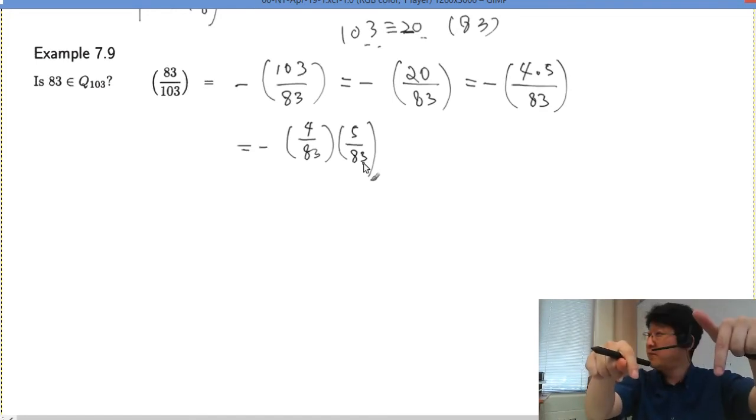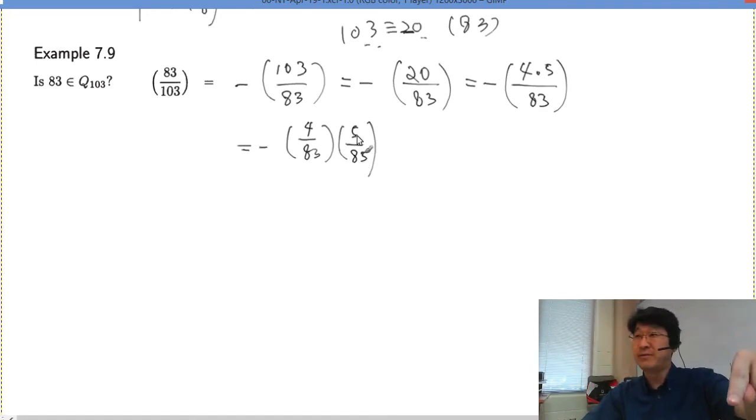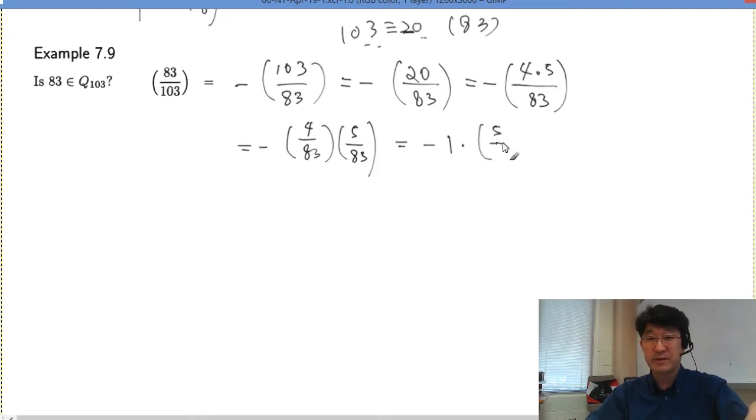Now you haven't entered prime numbers, right? This is a prime number, 5. 4 is not a prime number, but something nice about 4: it's 2 squared. So we already know the value. Negative 1 times (5 over 83). Isn't that right? (4 over 83) is already a quadratic residue. Everybody knows 4 is a square too. So it's 1.